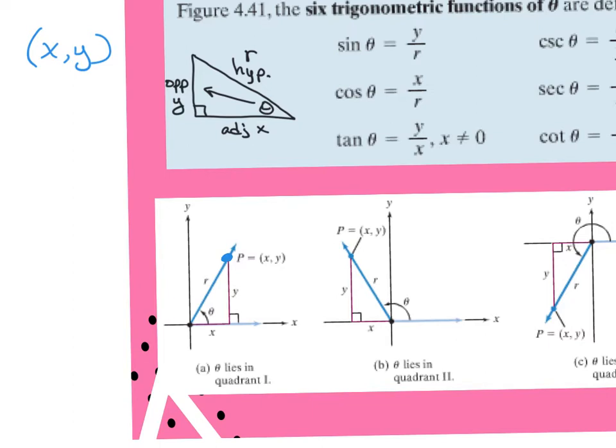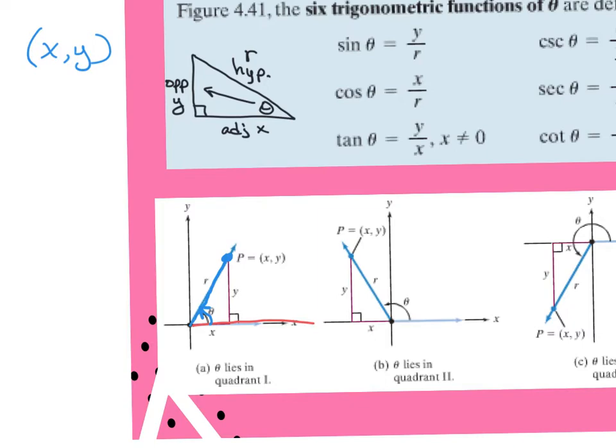So this would have been our initial side. And then if we were to draw this angle, which is theta, where it ends up, this is going to be our terminal side. And this ordered pair that they're going to give us is going to be a point on that terminal side. And the r value is going to be the distance from (0, 0) to that point. The r value is always going to be positive.